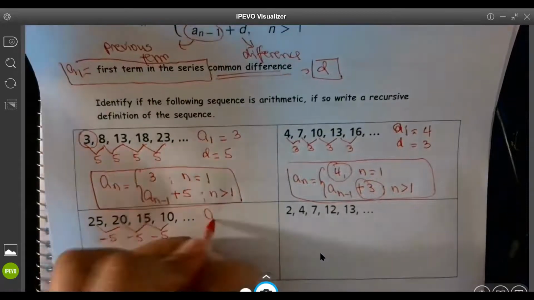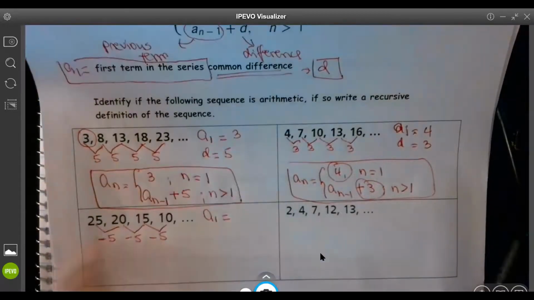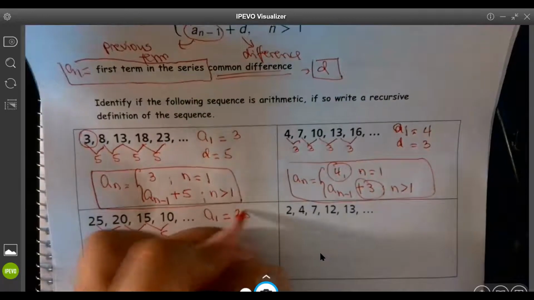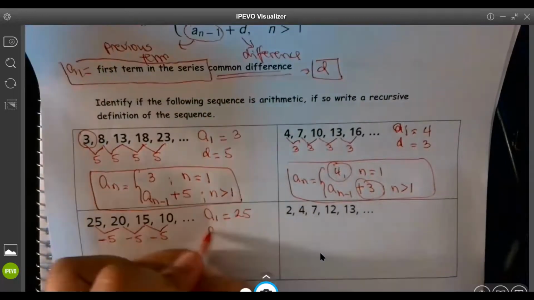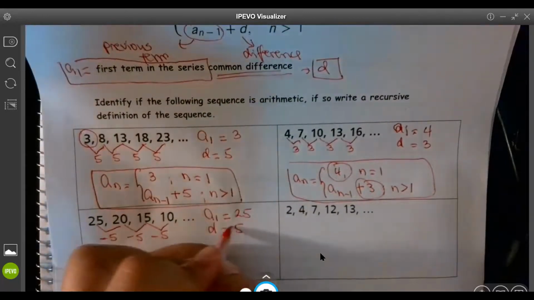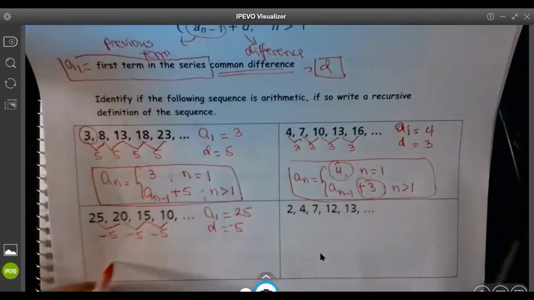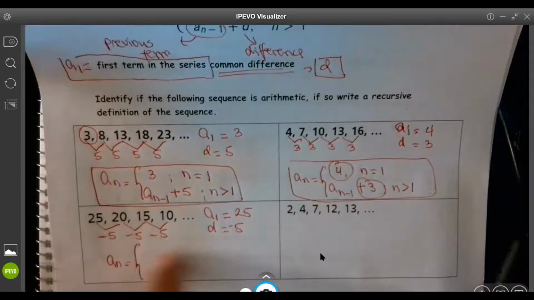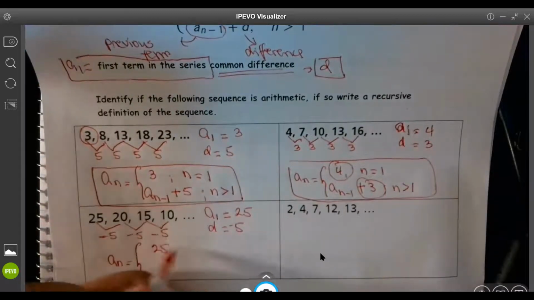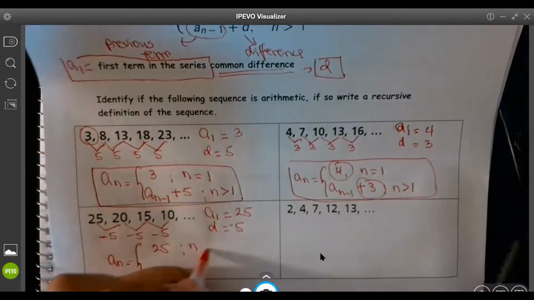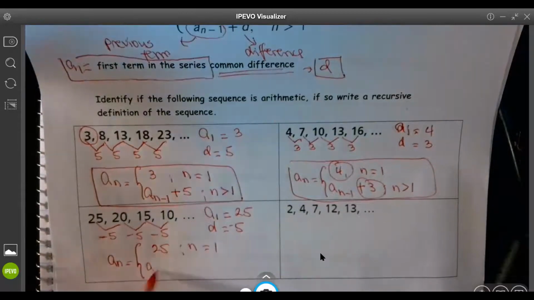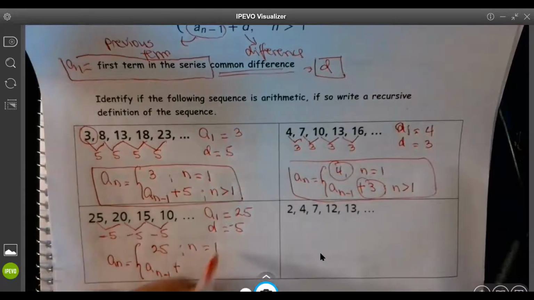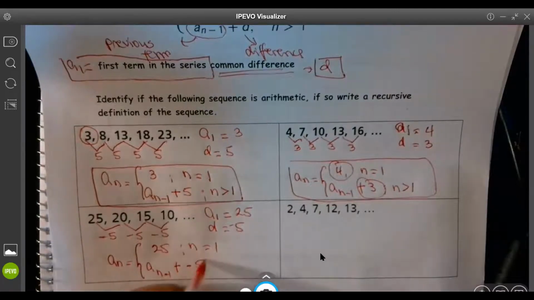Now let's identify your A1, which is our first term, that is 25, and our D is equal to negative 5. So the recursive definition will be A sub 1 is 25 if n is equal to 1, and a sub n minus 1, the previous term, plus the difference of negative 5, when n is greater than 1.